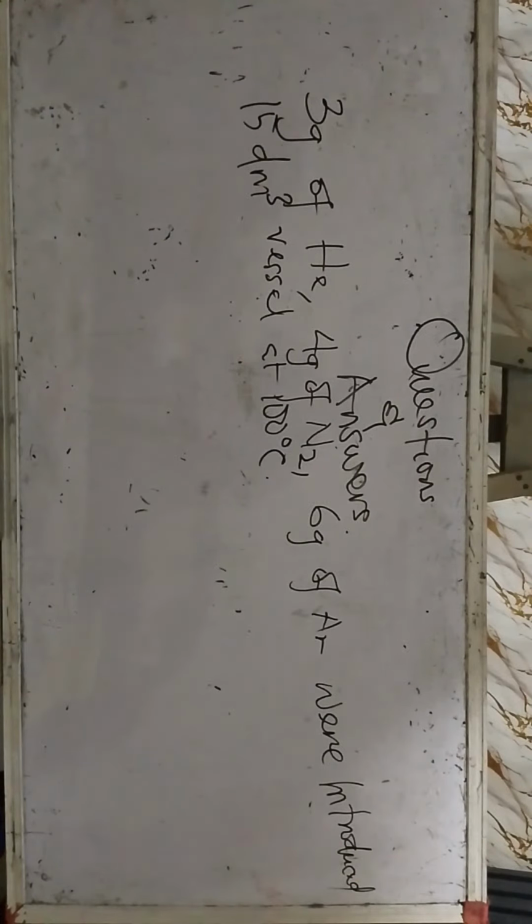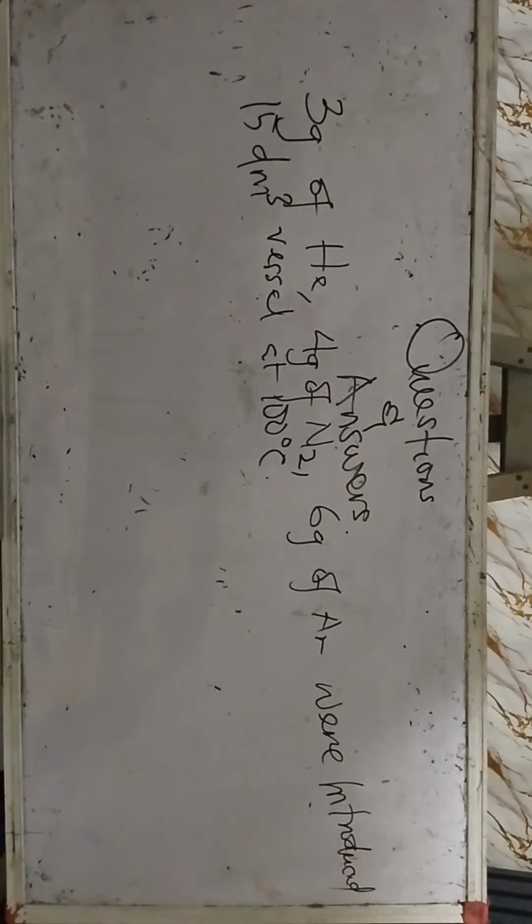Since the question was given in mass and not in moles, you know that number of moles equals mass over molar mass. So for each of the elements present, you should calculate the number of moles, then add up all the moles of helium, nitrogen, and argon. Then you will begin to look for the mole fraction of each of them.